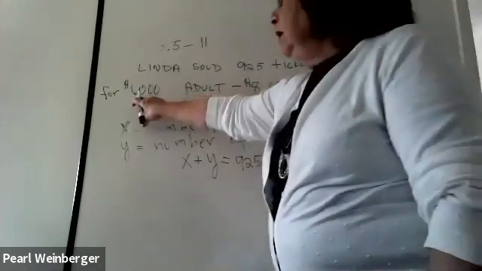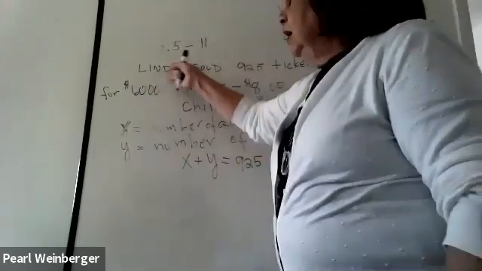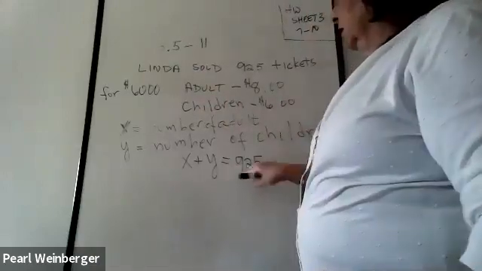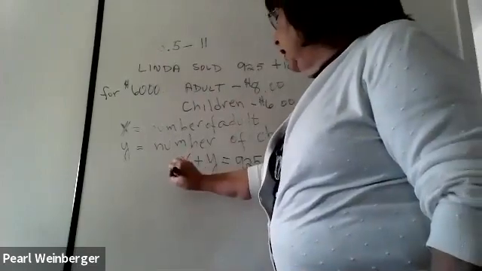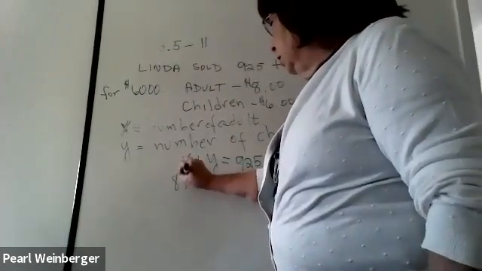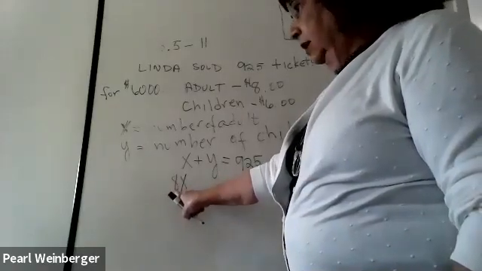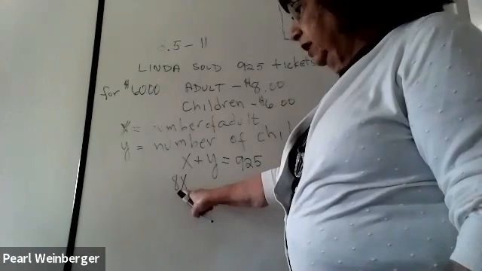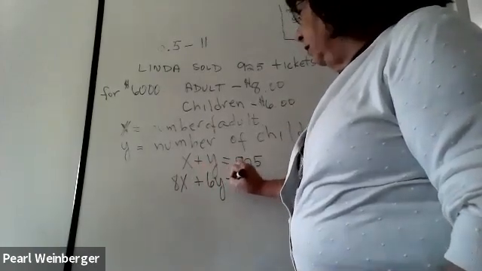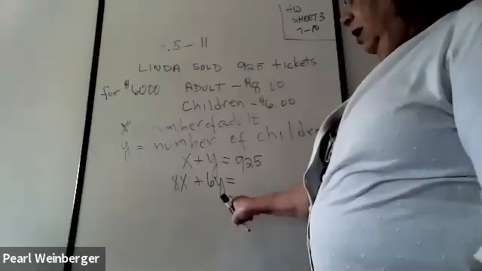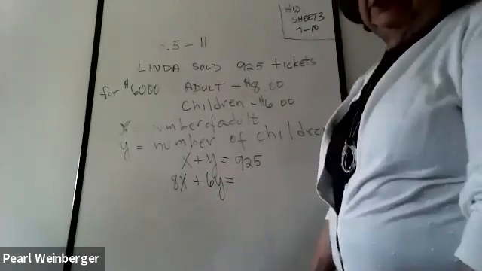So when I'm talking about the $6,000, I have to use not only the amount of tickets, the X and the Y, I also have to use the price. So 8X will be the amount that she's getting from the adult tickets. $8 times the number of tickets, plus 6Y. That's how much she's going to get from the children's tickets, because Y is how many children's tickets there are, and you're multiplying that by 6.